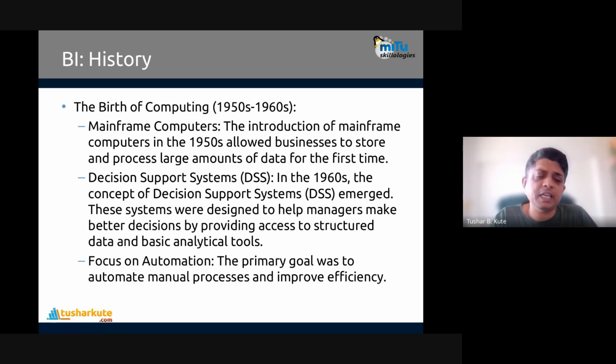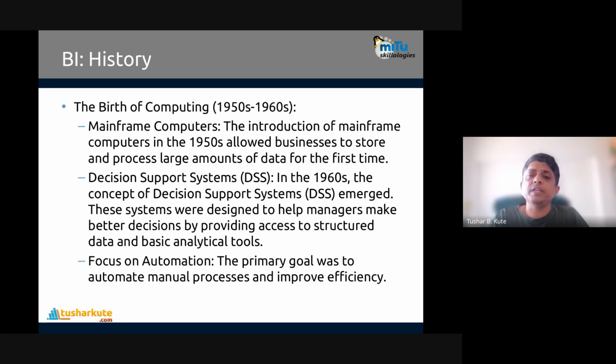At that time, the computers were very big, very power consuming, and very expensive. That's why only top companies were using them for creating automated processes, which allowed businesses to store and process large amounts of data for the first time, around the 1950s.